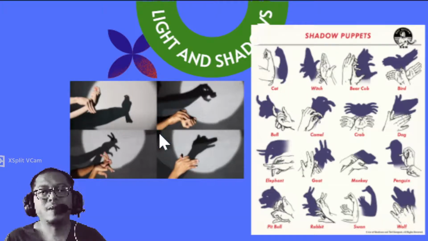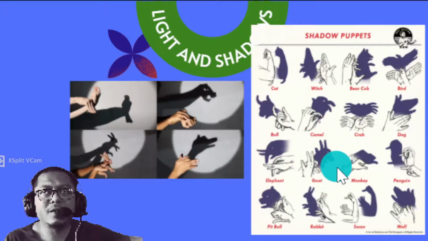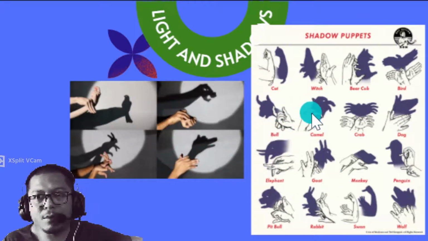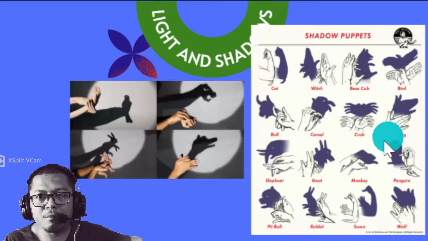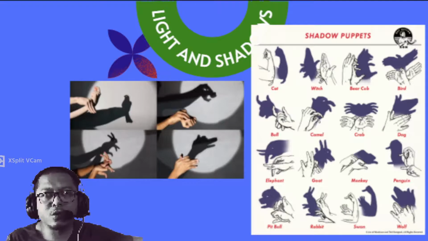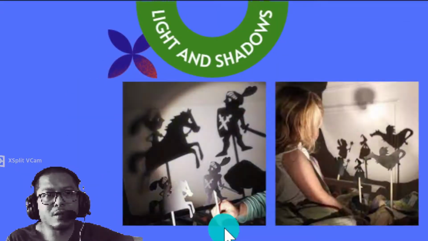What you can see here is you can make many types and shapes of shadow using your hands. You can make a cat or maybe a witch, bear, bird, and so on. Sometimes you can also use the shadow to make something like this, a shadow puppet.